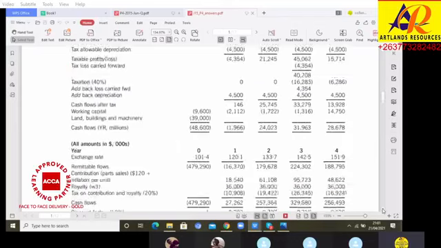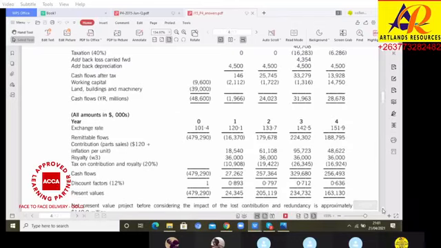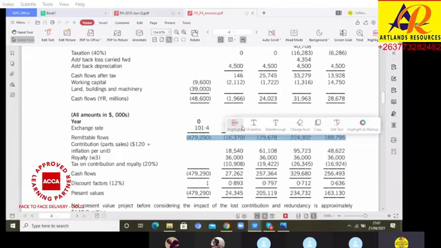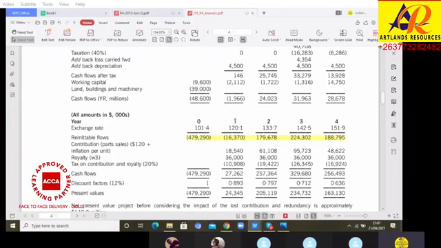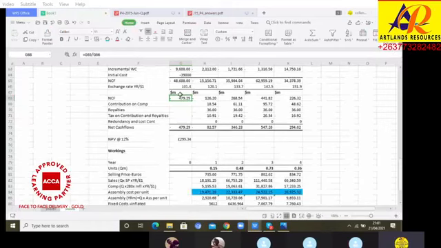I told you that when you are discussing, we want the figures after we have converted to domestic currency, the figures which are in yellow here. 479, 479, 16,370, etc. We have 479.